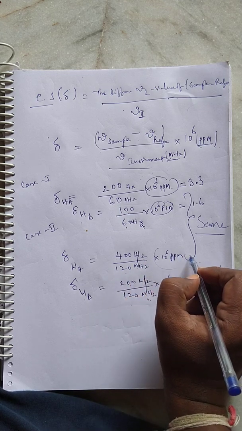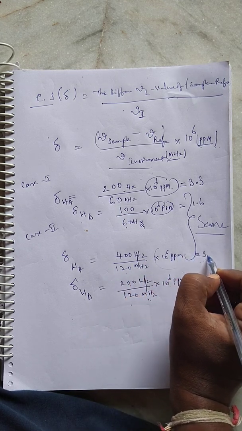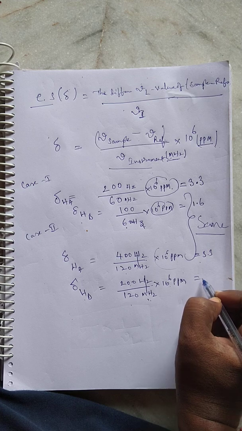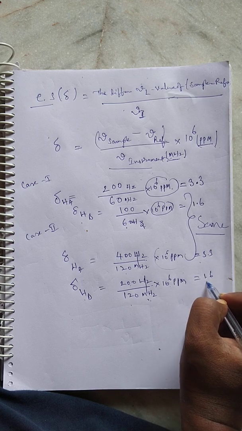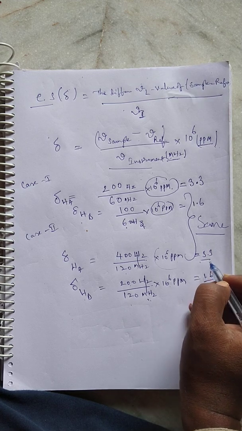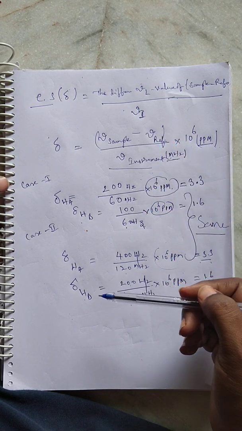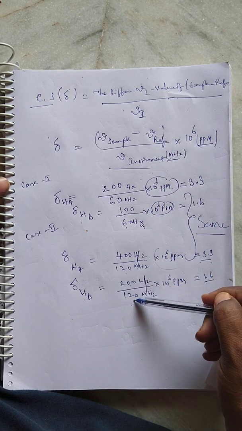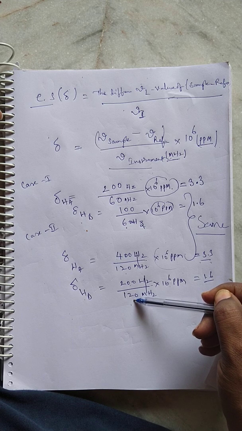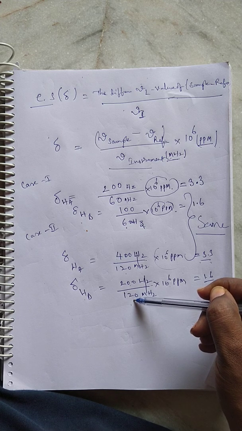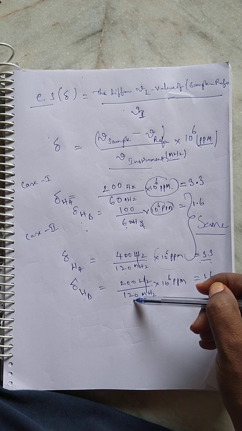Here also you are going to get the same values, 3.3 value and 1.6 value. So if you propose this formula, you can generalize the chemical shift with any type of radio source or any type of external magnetic field, right?